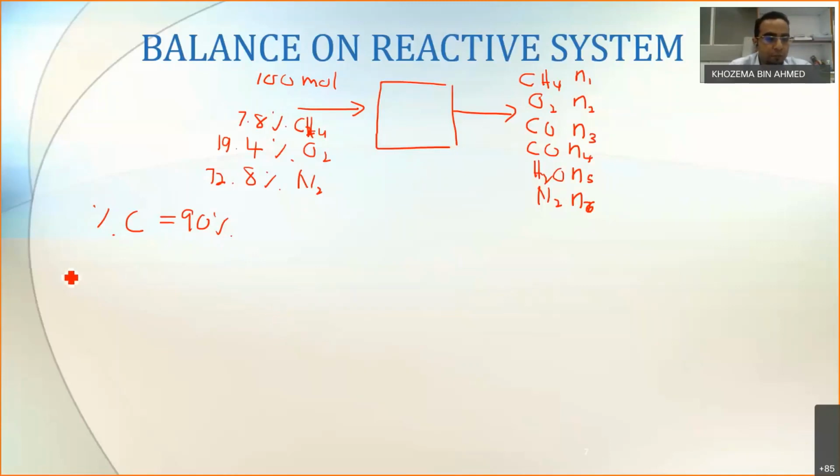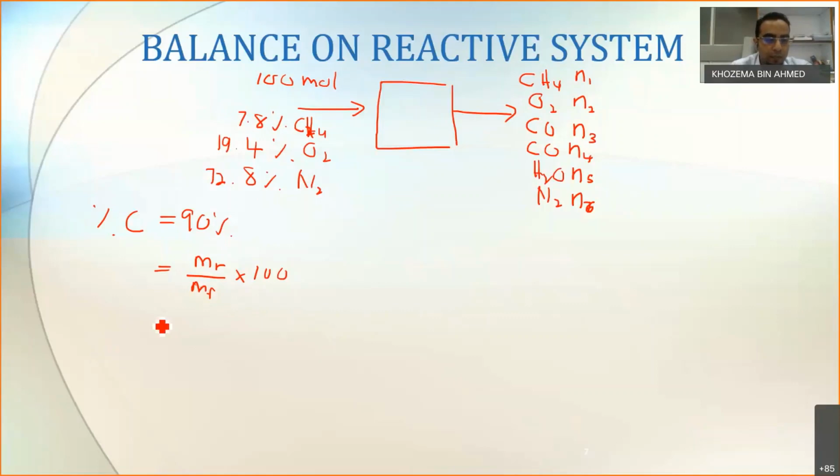The formula of percentage conversion is mole reacted over mole feed times 100, and the mole reacted is whatever methane is consumed, which is the initial mole minus the final mole.